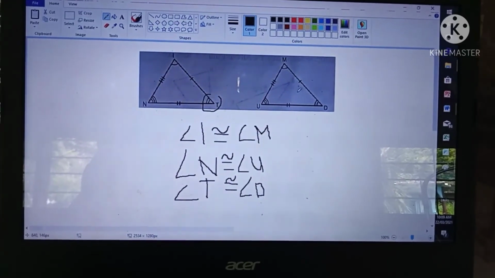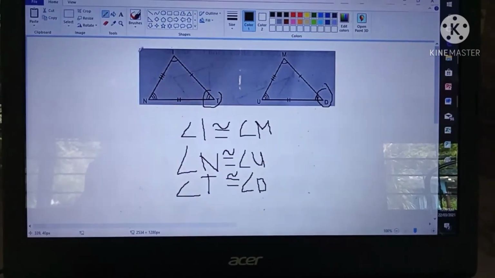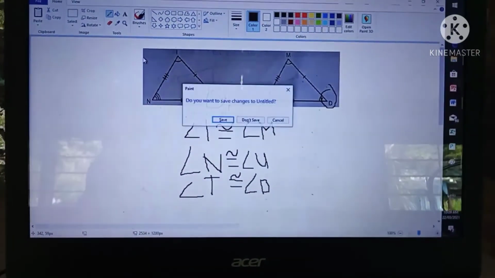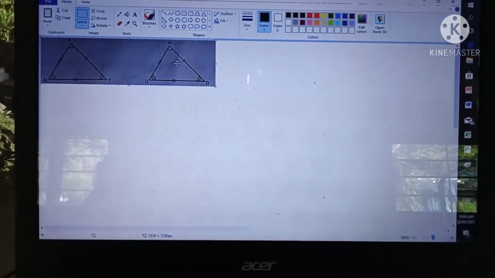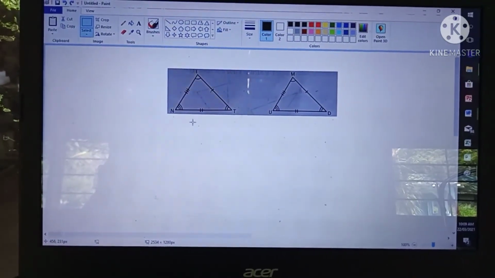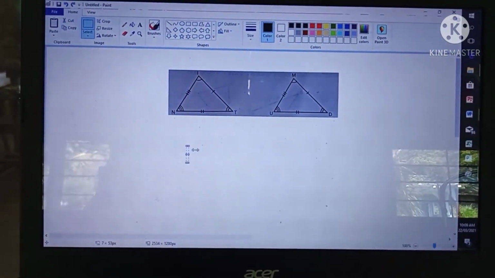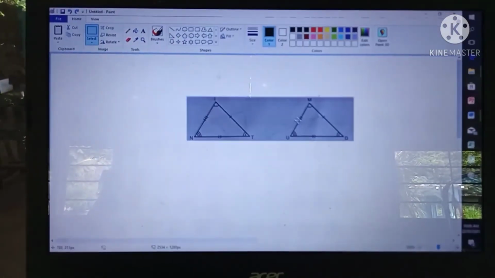Okay, how about the sides? So let's talk about the sides.